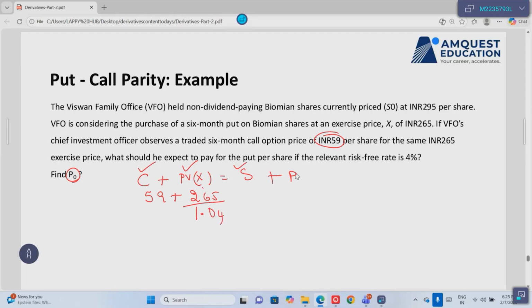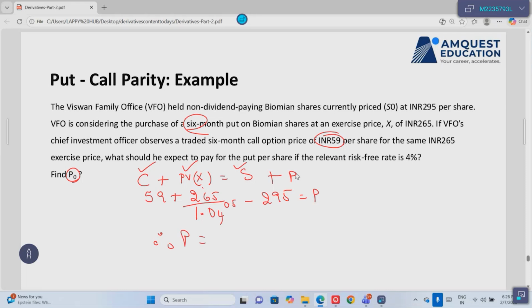What's the time period? 6 months. So raised to 0.5, right? S also comes to the other side. This is what? 295 minus 295 is equal to P. Did you get this much? Yes, sir. Very good. That means P is equal to how much?